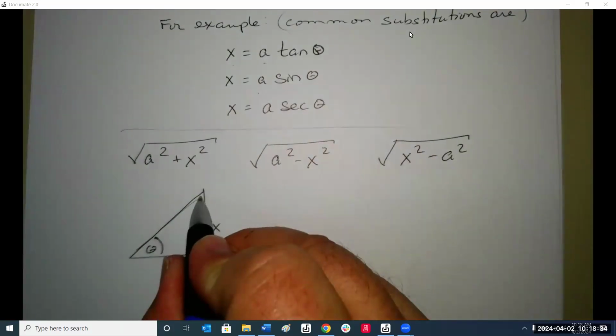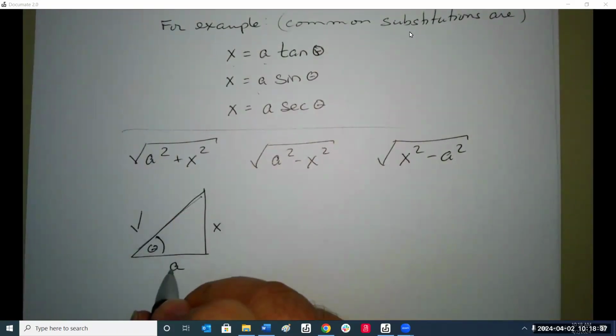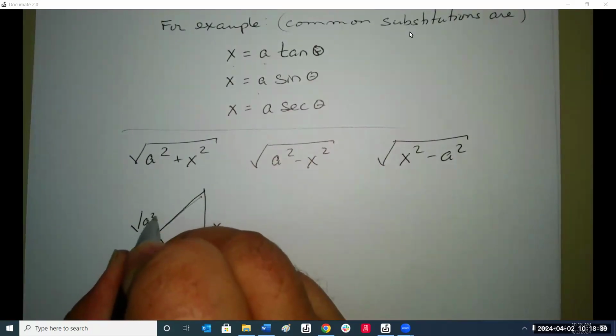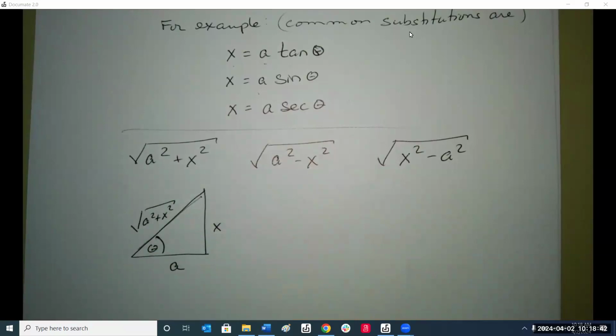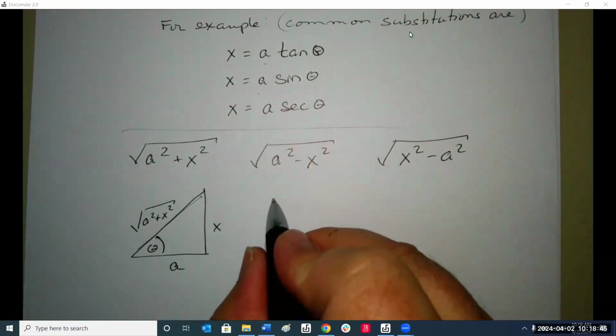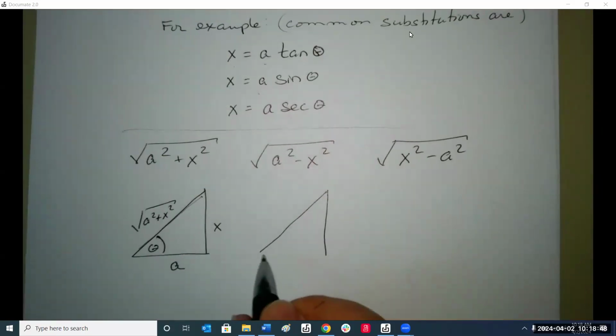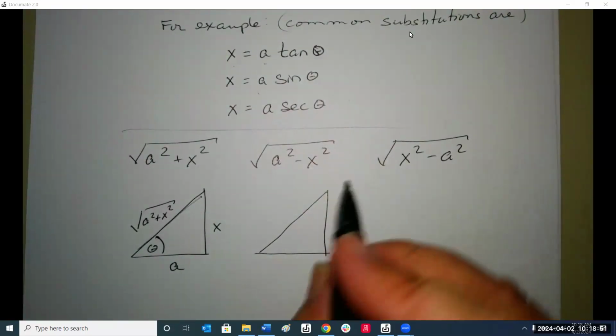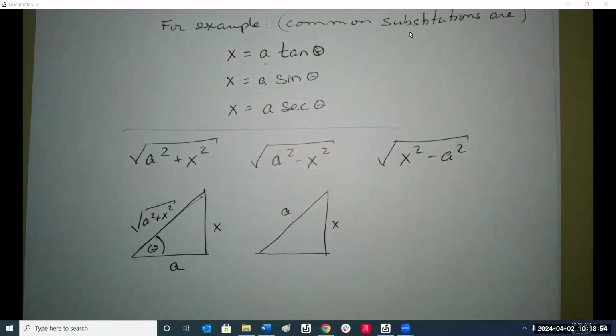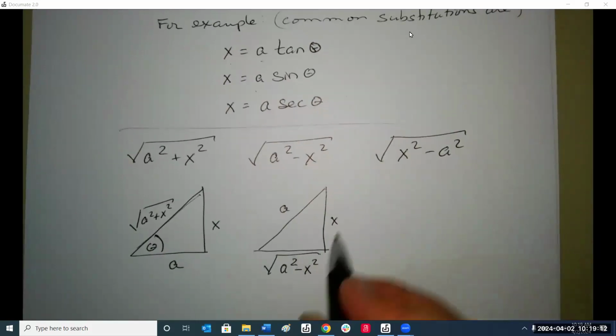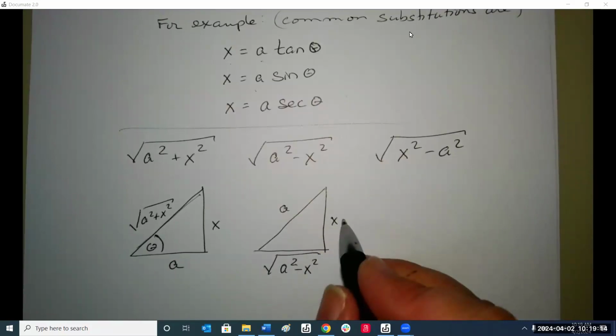To find the hypotenuse, it's the Pythagorean theorem, so it's the square root of a squared plus x squared. If x is here, and that's our hypotenuse, then to find this side, again using the Pythagorean theorem, it will be the square root of a squared minus x squared.